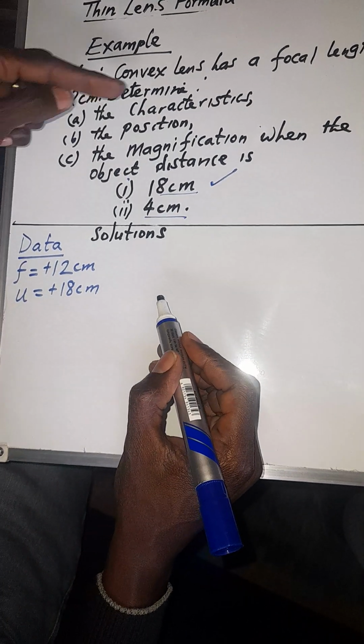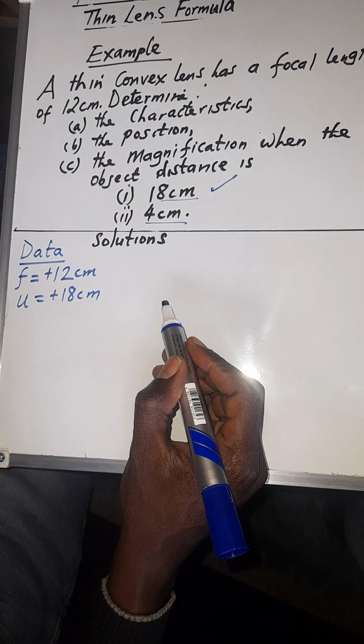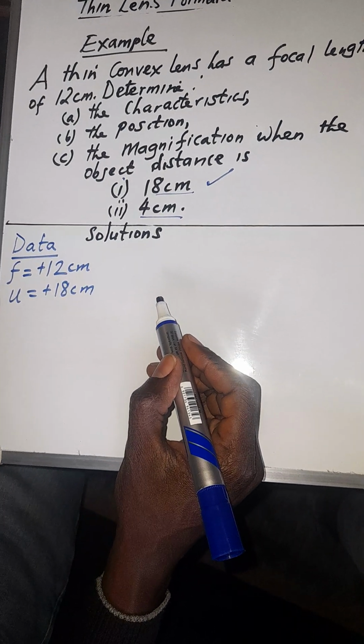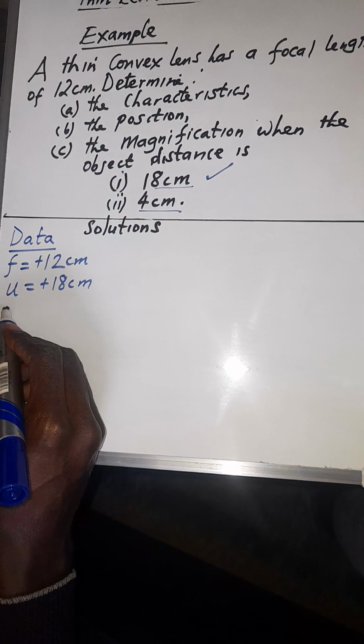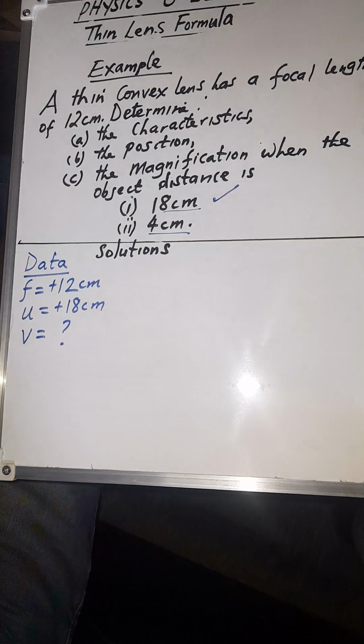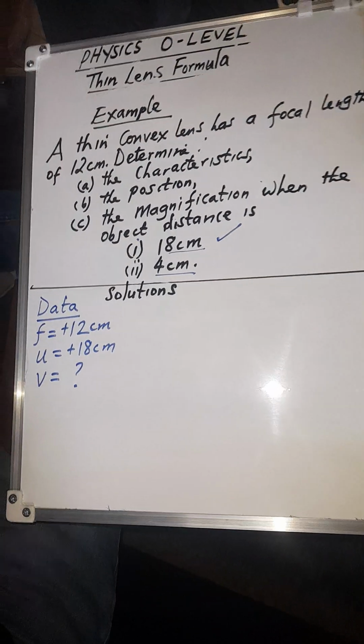Now the question says we determine the characteristics. In order to determine the characteristics of the image formed, we need to know the image distance, and that is what we don't know.